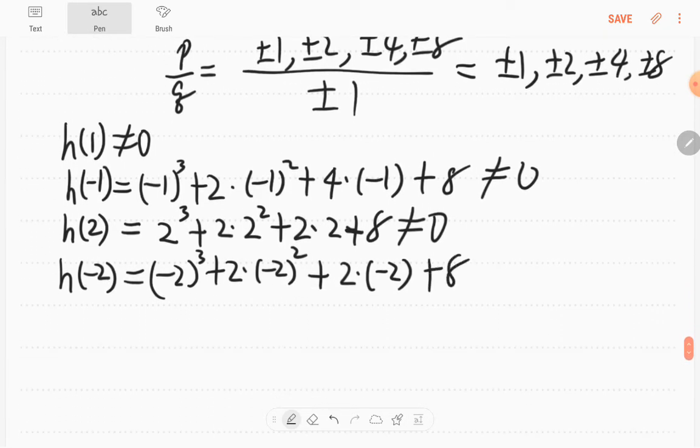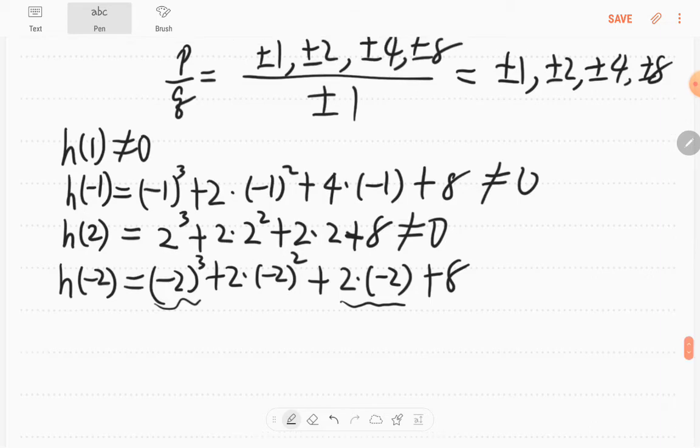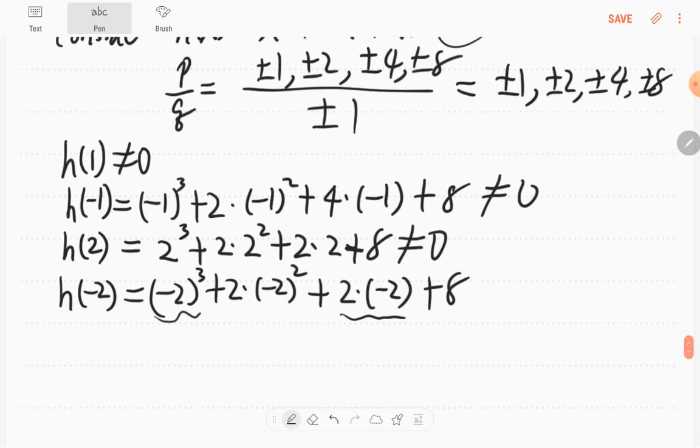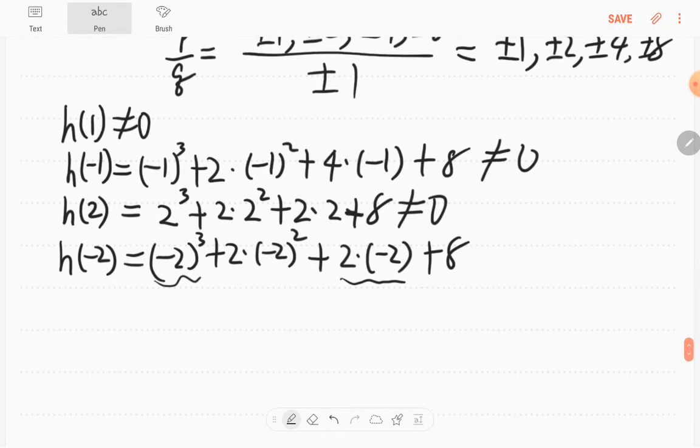So let's calculate. So this is negative 4. This is negative 8. So it becomes negative 12.